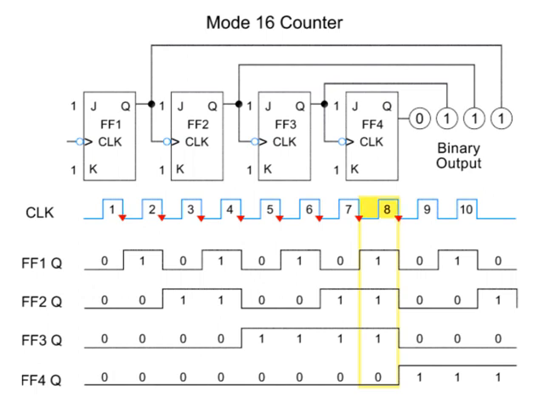The 8th pulse results in an output of 1000. Pulse 9 a 1001. And finally, as expected, the 10th pulse toggles the appropriate flip-flops to give 1010.